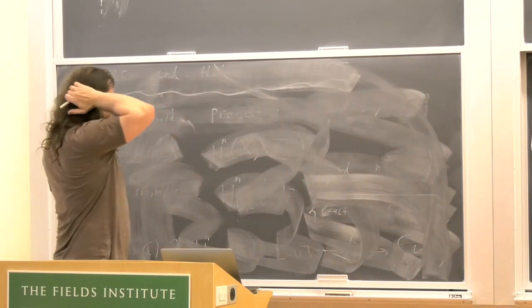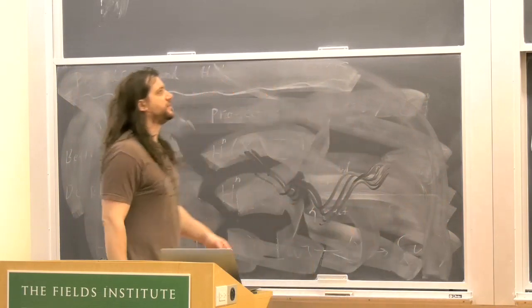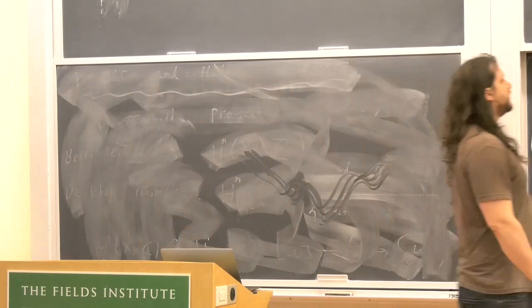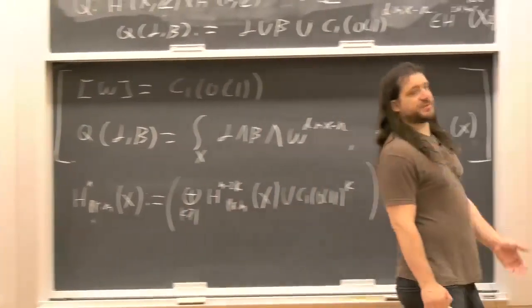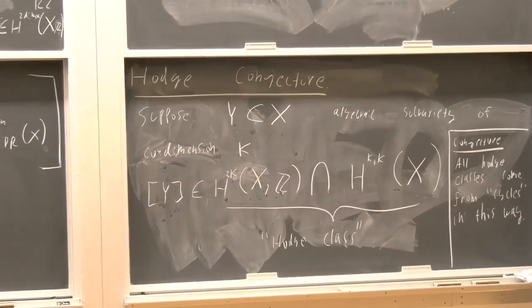Okay, so what do we mean by studying them in families? Well, what you can do is you can look at a family of algebraic varieties over some other algebraic variety, which we'll eventually do. But for now, let's assume we just have a family over a disk.